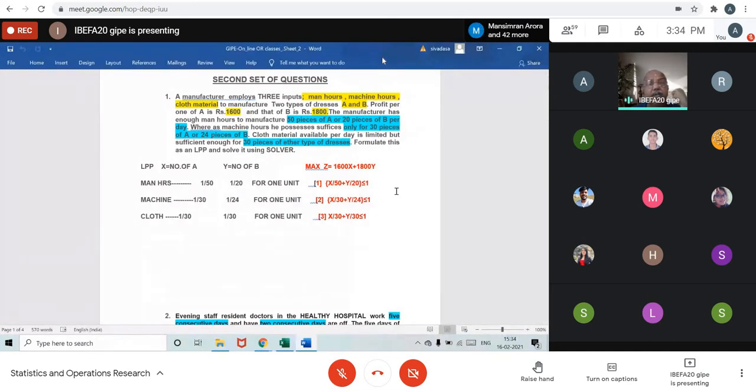Read the first question and tell me how to write the dual. Already we have solved this problem in the beginning. Can anybody tell me what will be my objective function?